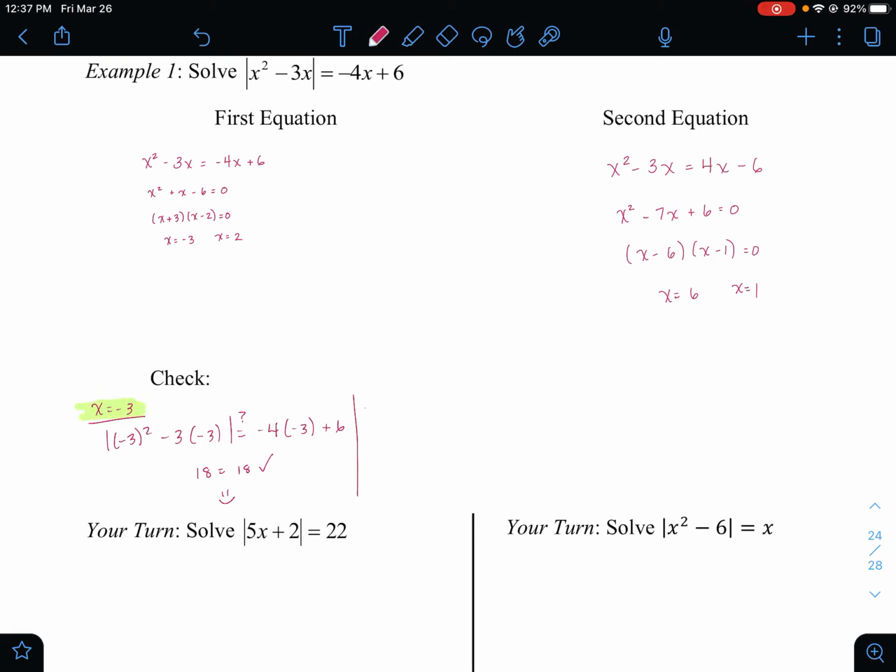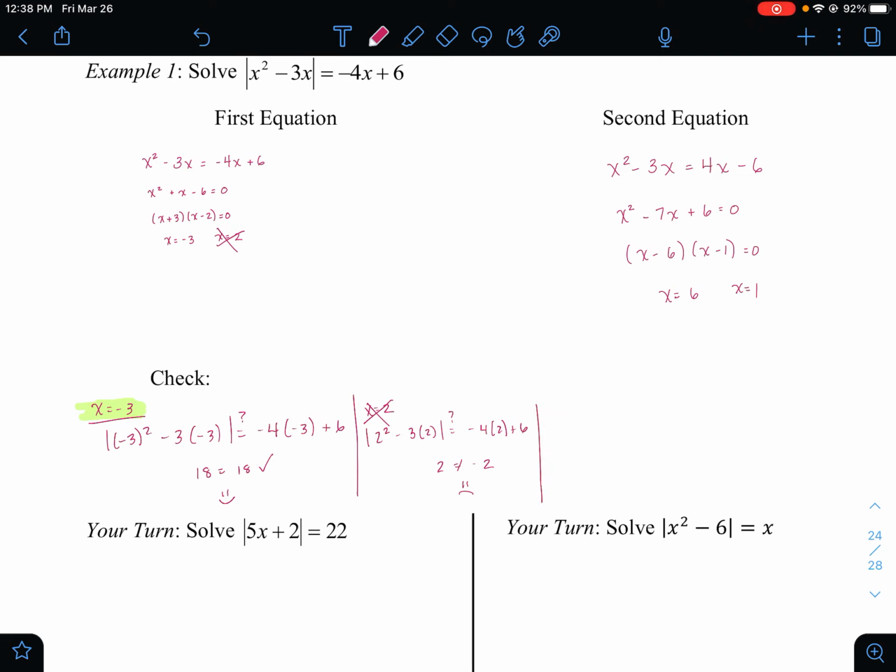All right, the next one we're going to try is x equals 2. So I get 2 squared minus 3 times 2 equals negative 4 times 2 plus 6. I almost forgot my question mark. So in this case, we get a positive 2 is equal to a negative 2, which does not work. So I'm going to cross off my x equals 2.